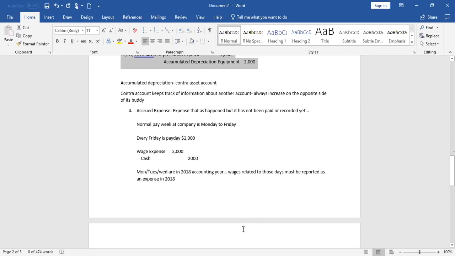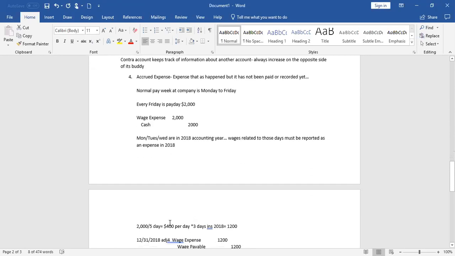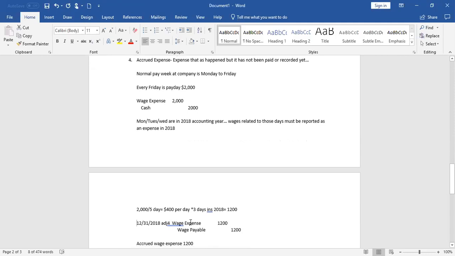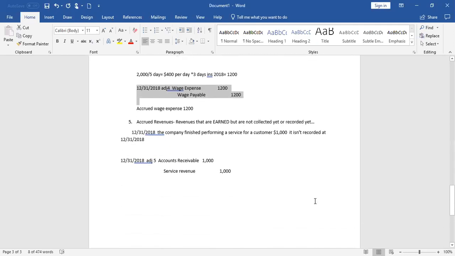The next journal entry deals with accrued expenses, expenses that have occurred, that have not been paid yet or recorded, like the wage expense example. And then the final journal entry was what we just looked at with accrued revenue. A revenue we've earned, we've performed the service, we haven't received any money yet from the customer, and we didn't get it recorded.